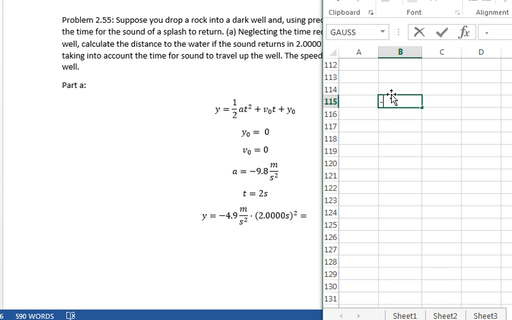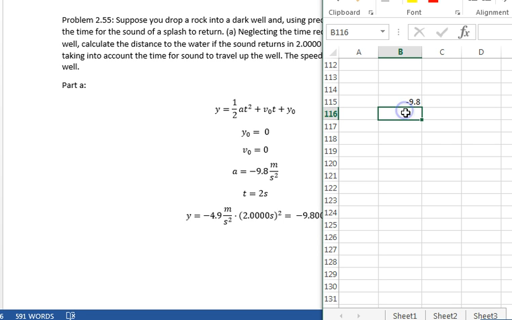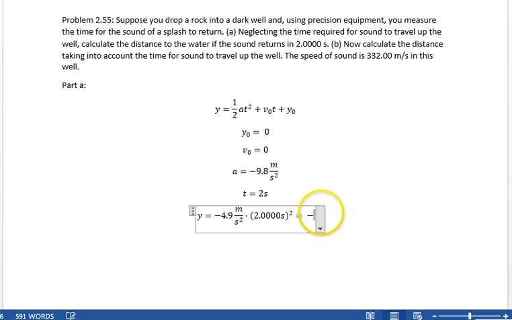Minus 4.9 times 2, minus 9.8, times 2, minus 19.6 meters. One more significant figure there. Minus 19.6 meters. That's how deep the well is.